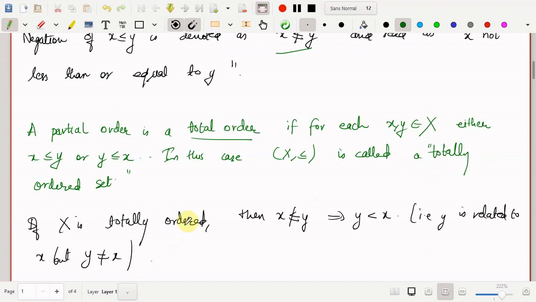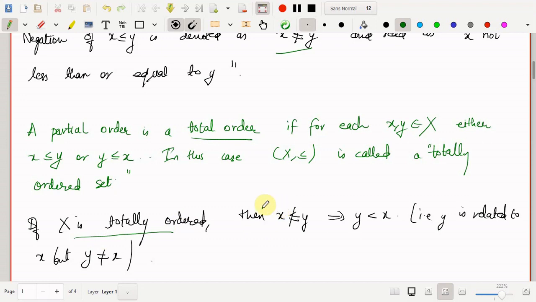Now this is something analogous to the law of trichotomy, which we have with the standard order relation. So if x is totally ordered, we know that you take any two points, they will be related in some way. That is, either x will be related to y or y will be related to x. So if x is not related to y, and x is totally ordered, then definitely y has to be related to x.